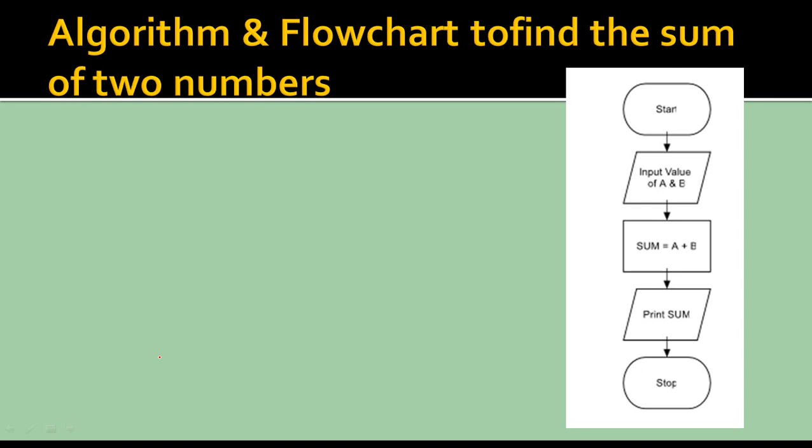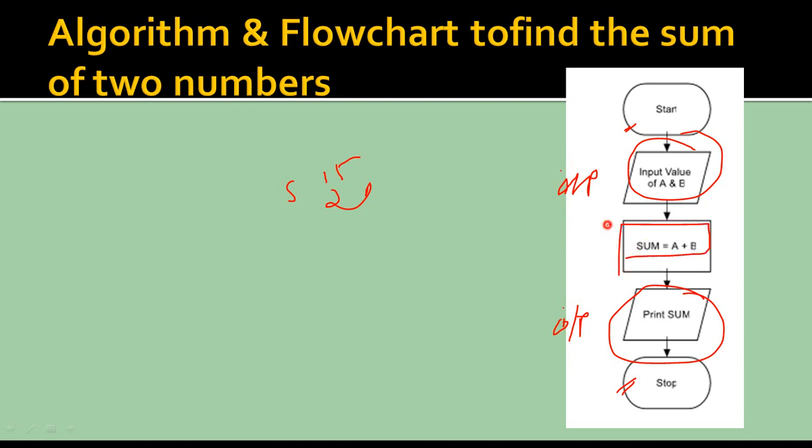Now let's see an example of a flowchart. An oval for the start and an oval for the end. In this flowchart, we are going to show the sum of two numbers, like 5 and 15 becoming 20. So start and stop. There is a parallelogram for the input statement and a parallelogram for the output statement. And there is a rectangle for processing.